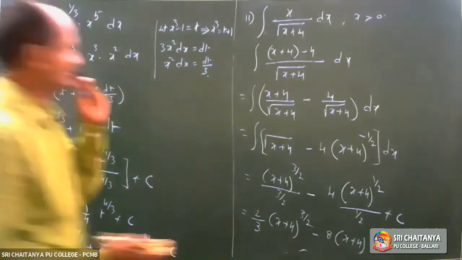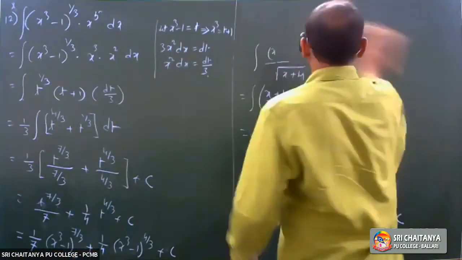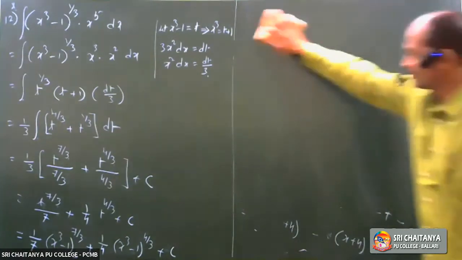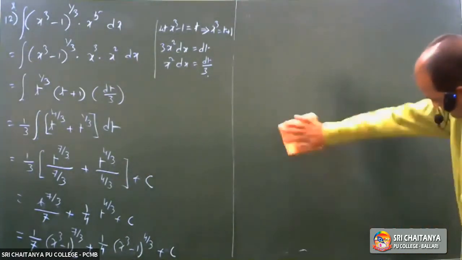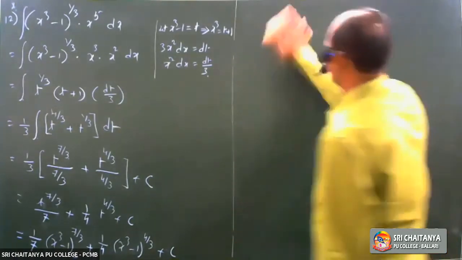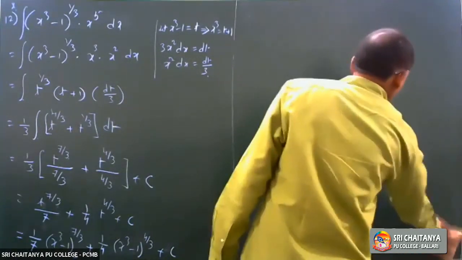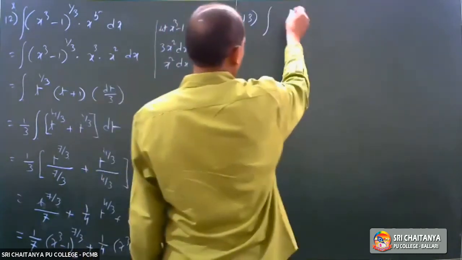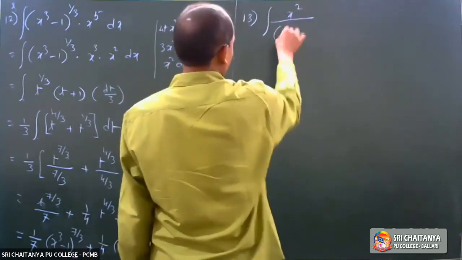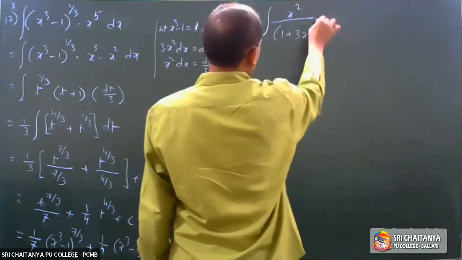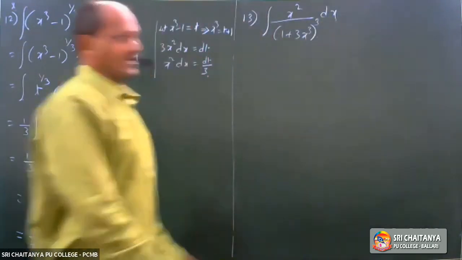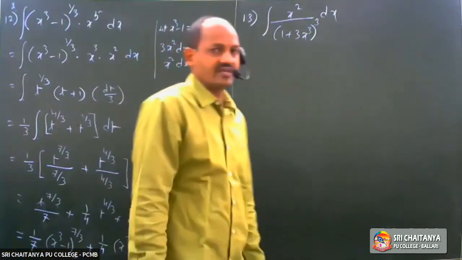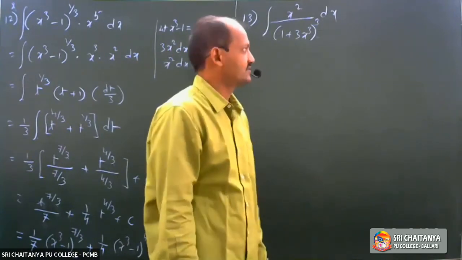Come on, write down next 13th question. Integral of x square by (1 plus 3x cube) whole power 3 dx.